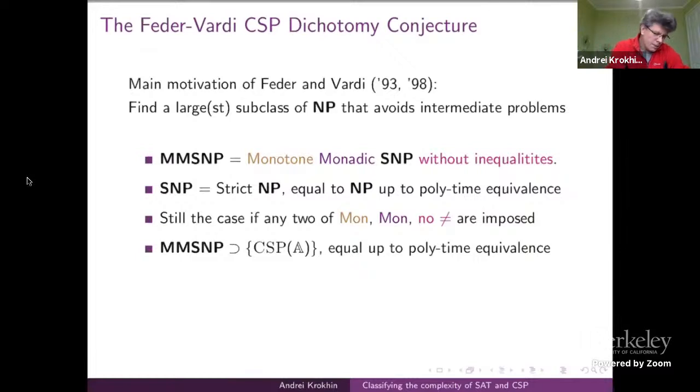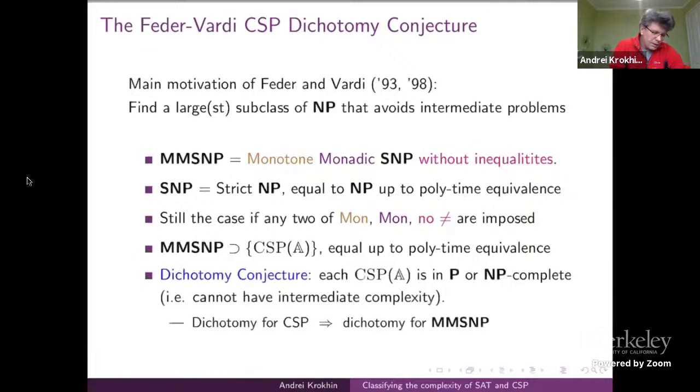So Feder and Vardi made this dichotomy conjecture, which says that each problem in this class, each CSP of A, is either solvable in polynomial time or NP complete. In other words, CSPs cannot have intermediate complexity in NP.